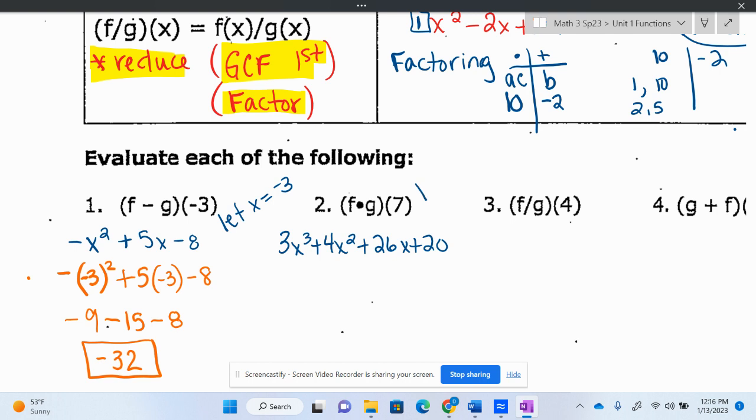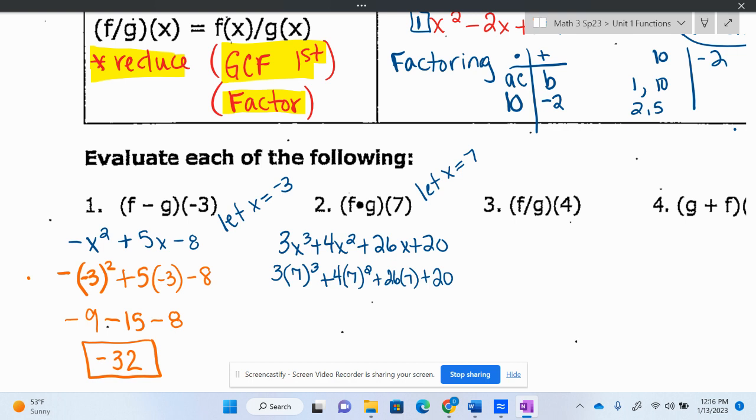That means that we're going to let x equal 7, and we need to plug that in. So I have 3 times 7 cubed, plus 4 times 7 squared, plus 26 times 7 plus 20.